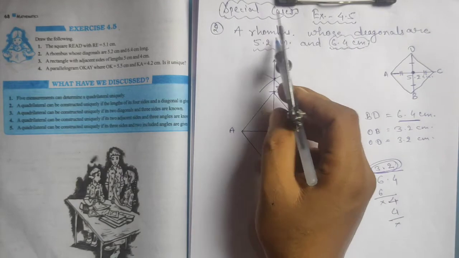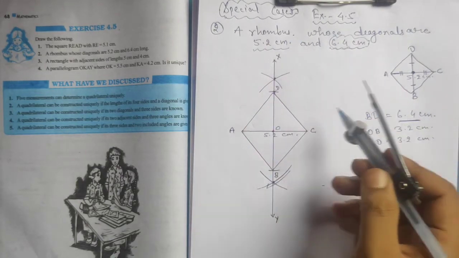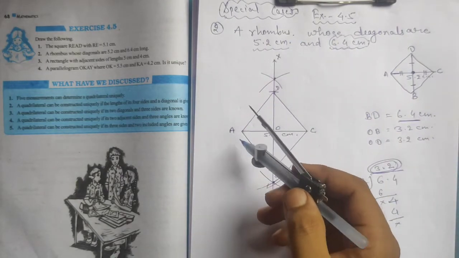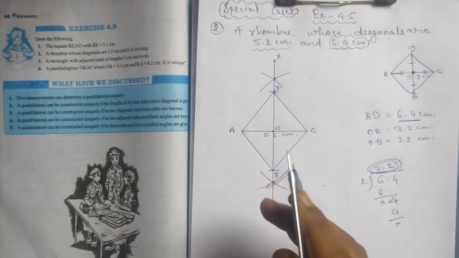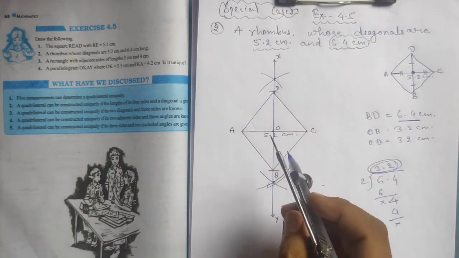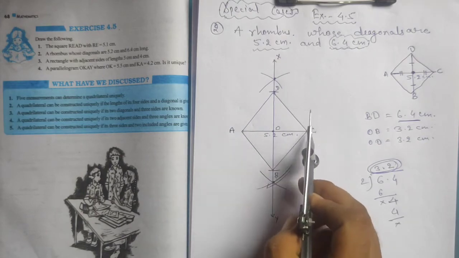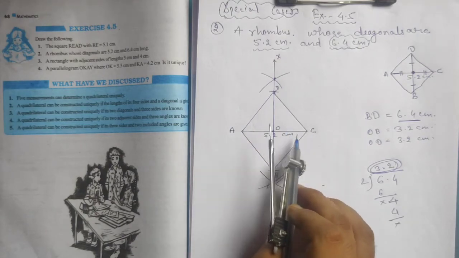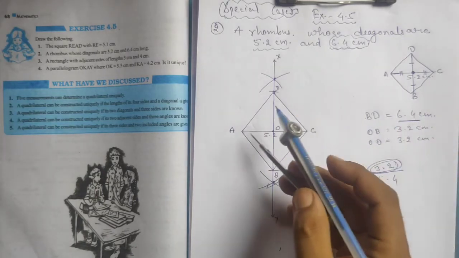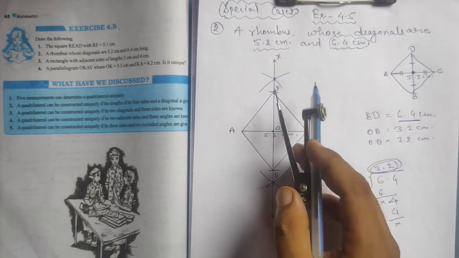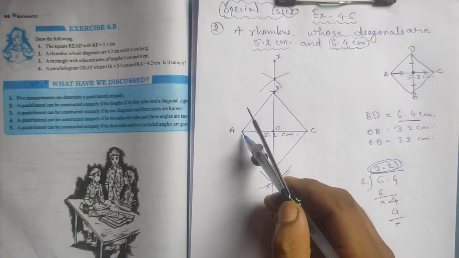So in this rhombus, whatever steps we have done are what we have to write now. First, we constructed a diagonal AC equal to 5.2 centimeter. Then with the help of a compass, draw a perpendicular bisector of line AC.